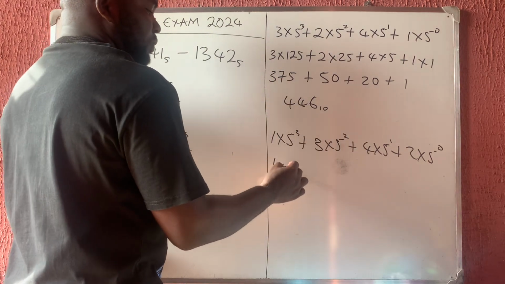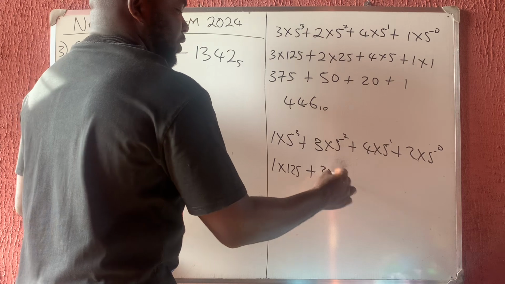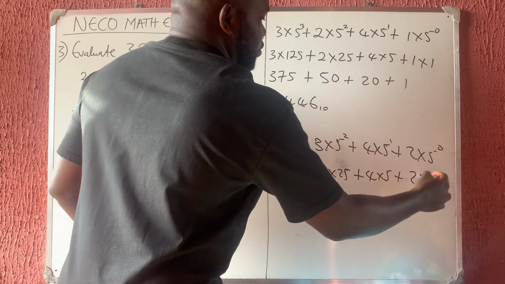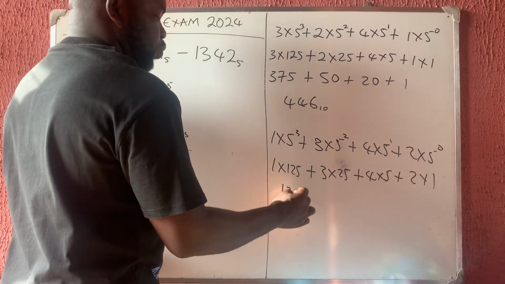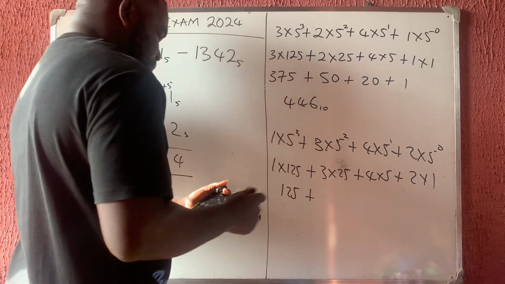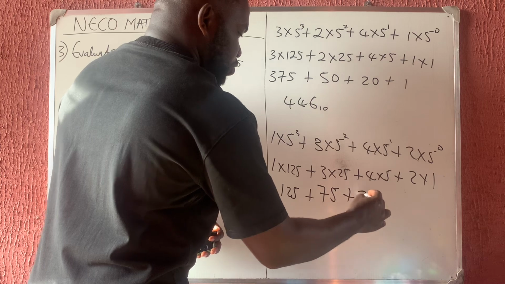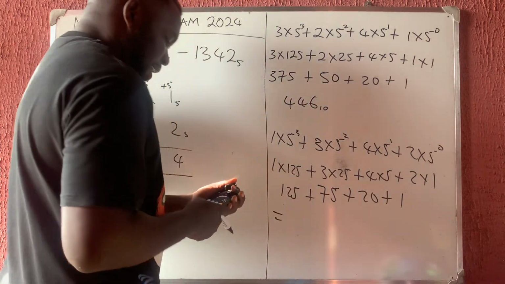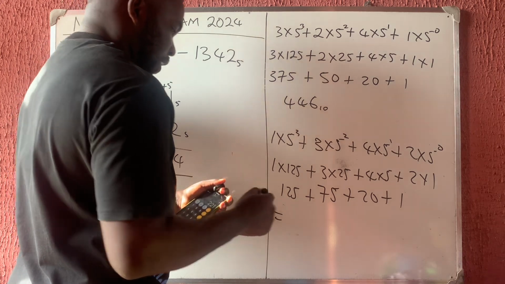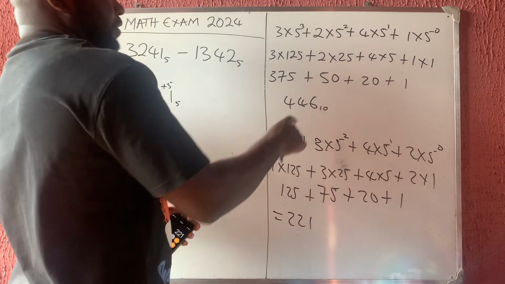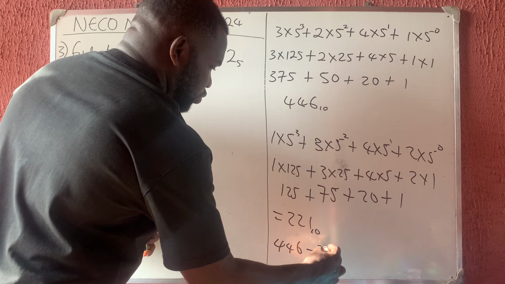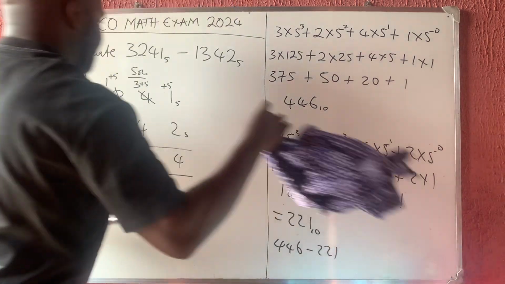So I have 1 times 125 plus 3 times 25 plus 4 times 5 plus 2 times 1. 1 times this is 125, 25 times 3 is 75, plus 20 plus 1. So I have 221. Then in base 10, we can now say 446 minus 221. So we can subtract.